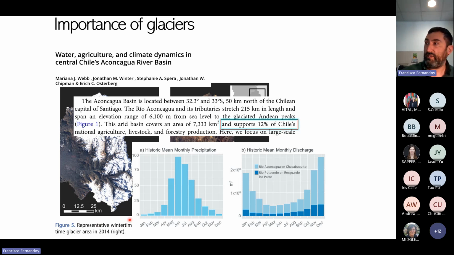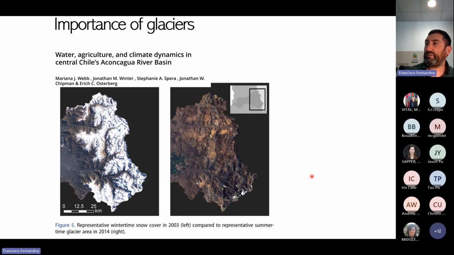In normal years, we have strong precipitation in winter that is later released as snowmelt in summer. But what happens if the snow is not falling, as I showed before? We know that the glaciers will try to supply this water that is not available anymore as snowmelt.